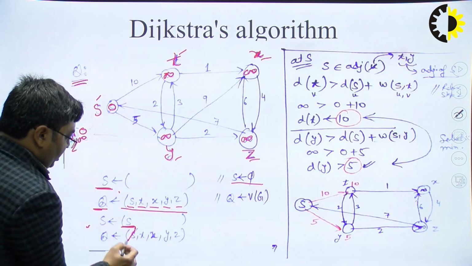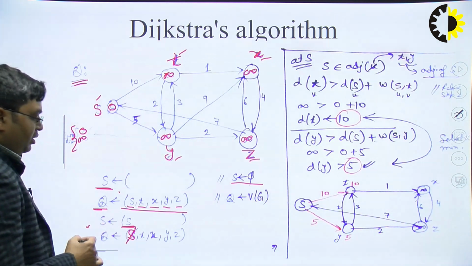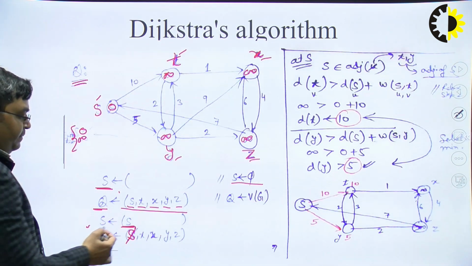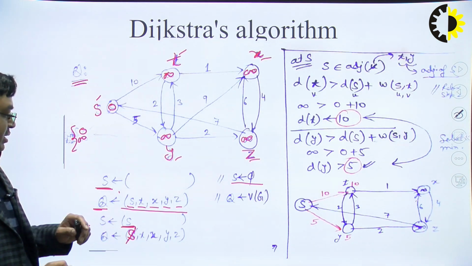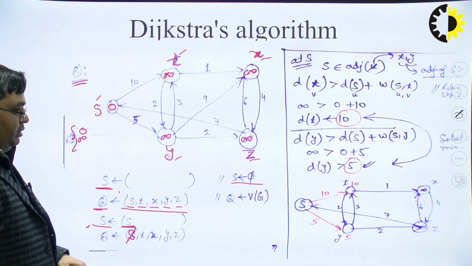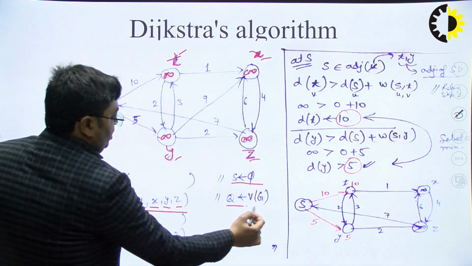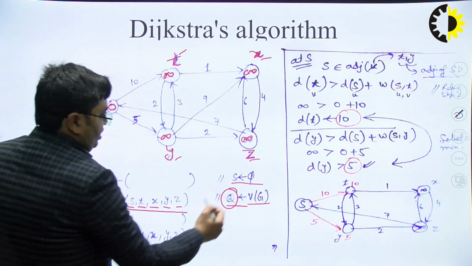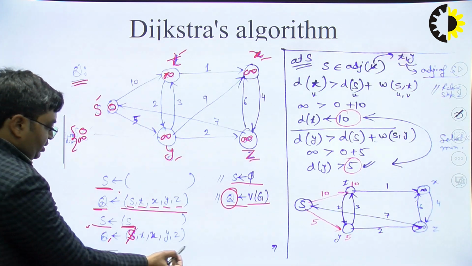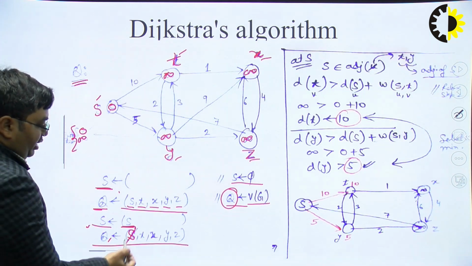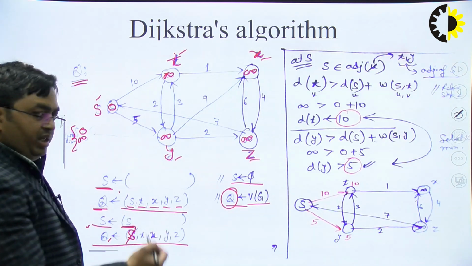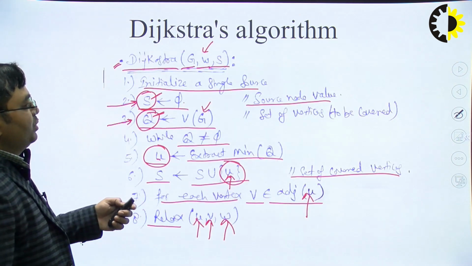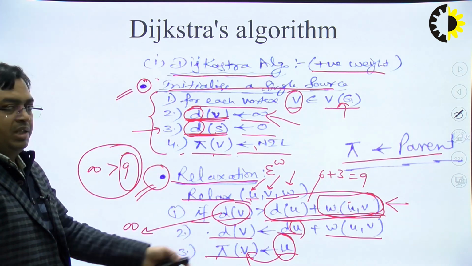S has been cut from the Q set and is included in the covered node set S. All the vertices in Q will come under set S one by one by making two processes, initialization and relaxation.